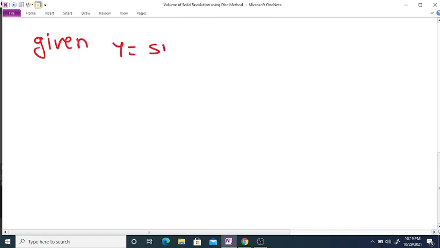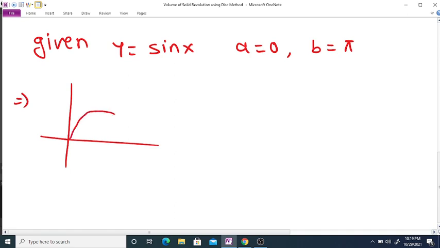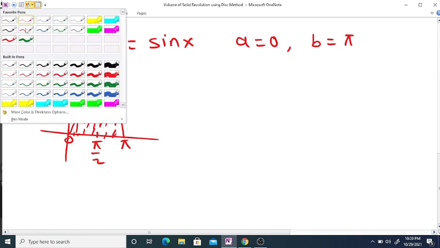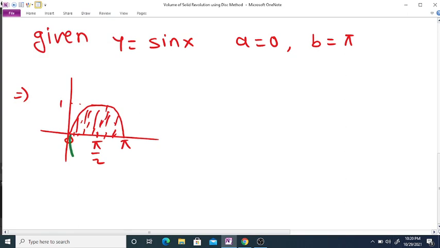Now given y equal to sin x, a is equal to 0, b is equal to pi, and therefore if we draw the graph of this function, we know that sin 0 is 0, sin pi is also 0, sin pi by 2 is equal to 1, say here 1, then if we rotate this function y equal to sin x about the x-axis, we obtain the solid between 0 and pi.